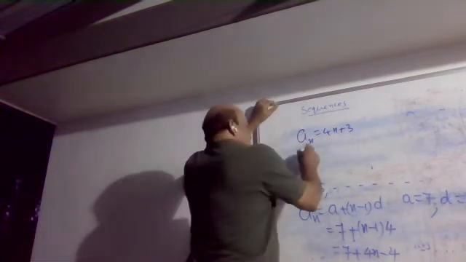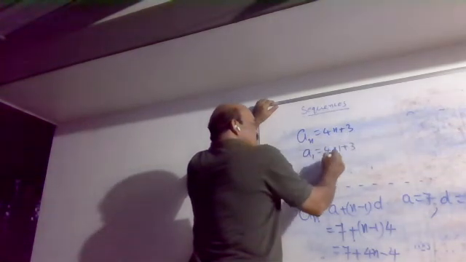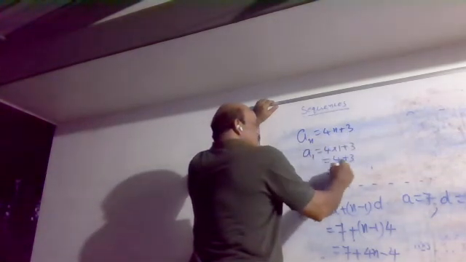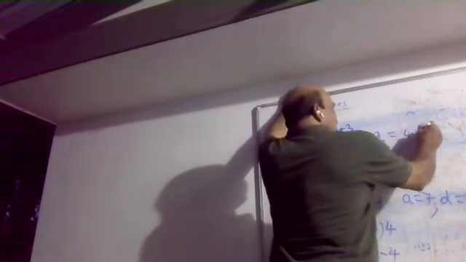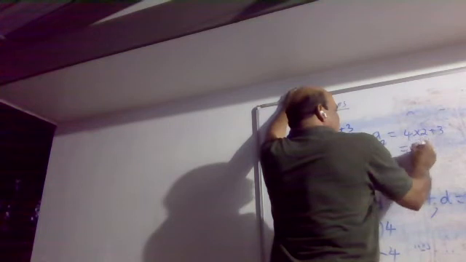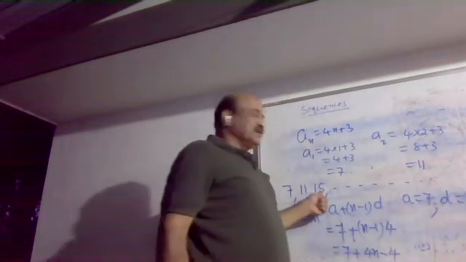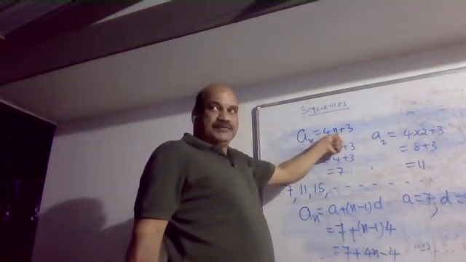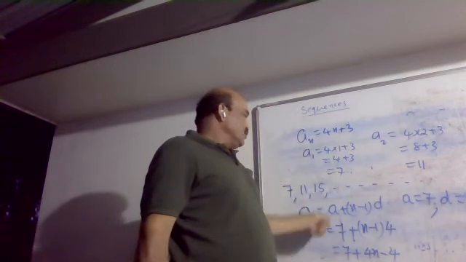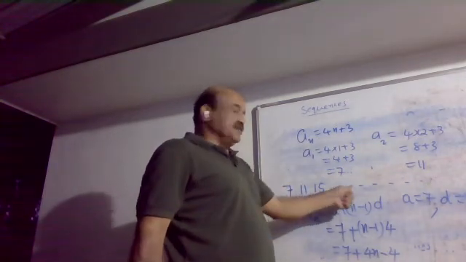That is, the first term is given by a1 equals 4 into 1 plus 3, that is 4 plus 3 equals 7. What is a2, the second term? 4 into 2 plus 3, that is 8 plus 3, which is 11. So we get each term of the sequence by using this formula. 4n plus 3 is the formula for the sequence 7, 11, 15, etc.